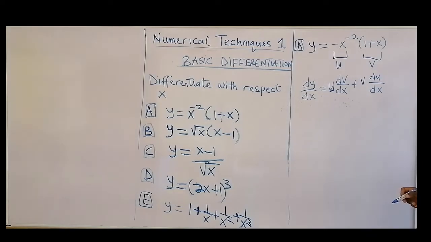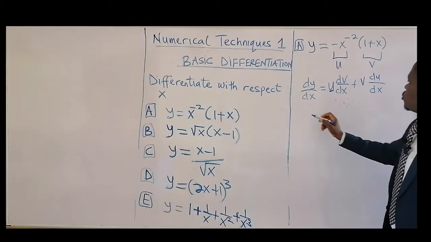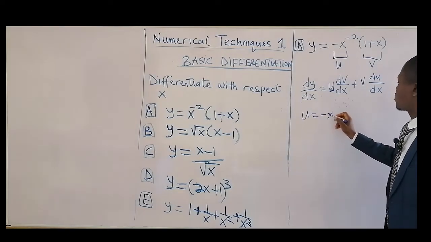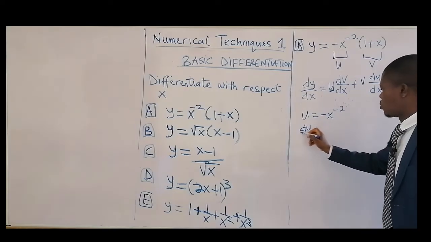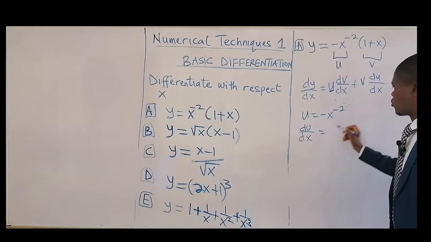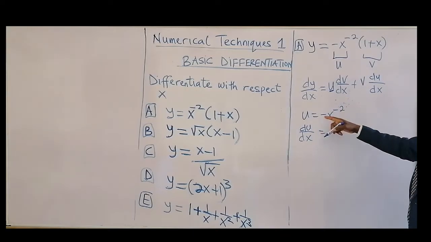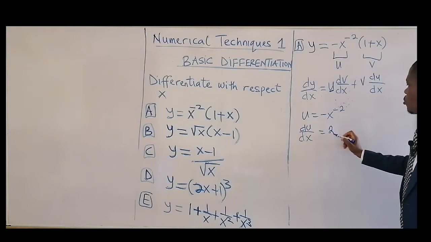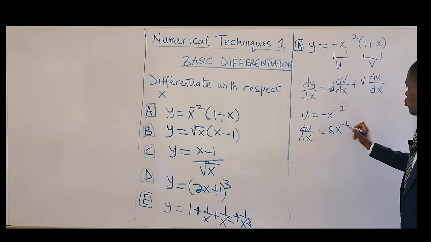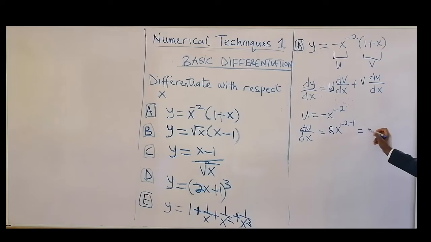So my u is minus x to the power minus 2. So du/dx will be equal to, this minus 2 will go to the front, and there is a minus there already. So that will be minus times minus, that's plus 2, x to the power minus 2 minus 1. That will be equal to 2x to the power minus 3, which is equal to 2 over x to the power 3.